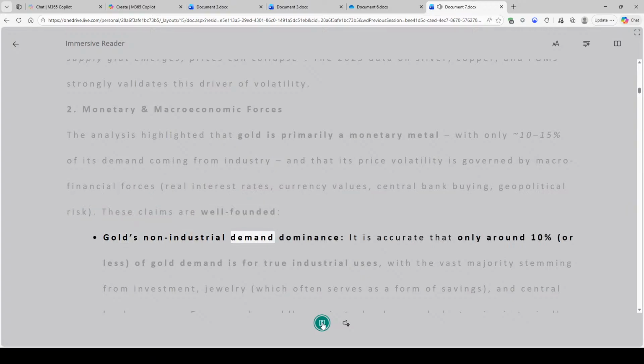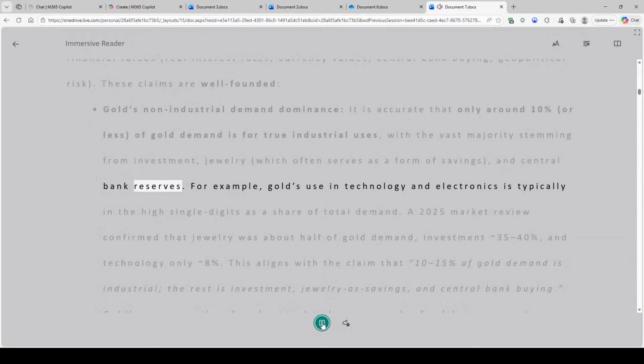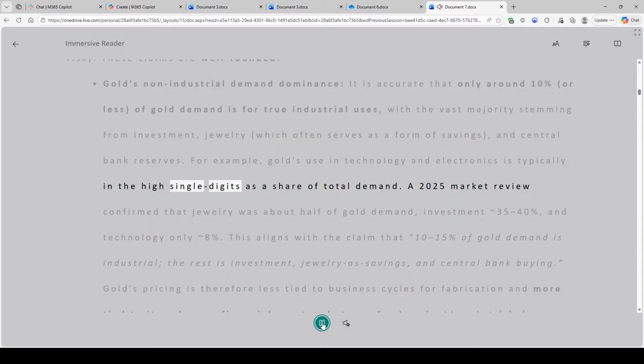Gold's non-industrial demand dominance. It is accurate that only around 10%, or less, of gold demand is for true industrial uses, with the vast majority stemming from investment, jewelry, which often serves as a form of savings, and central bank reserves. For example, gold's use in technology and electronics is typically in the high single digits as a share of total demand.